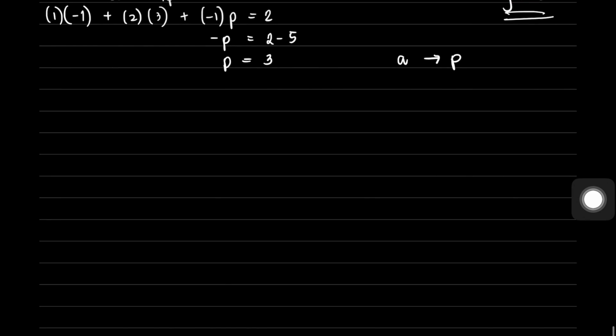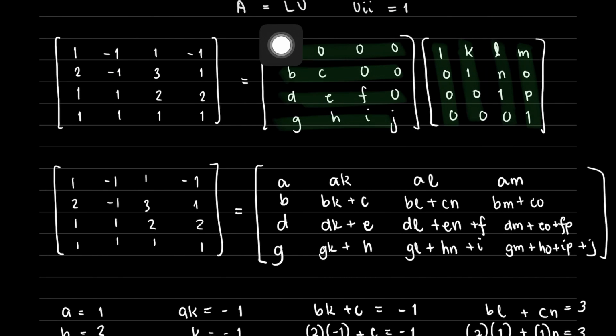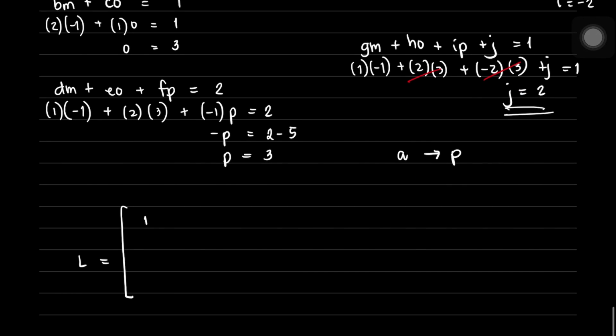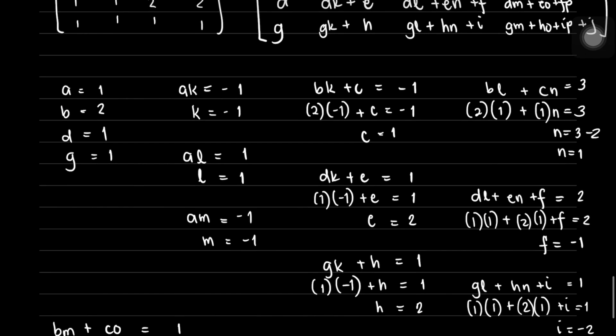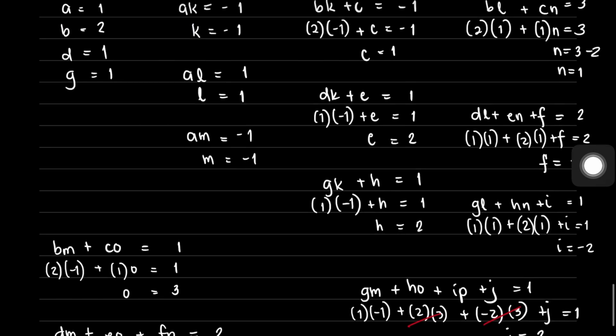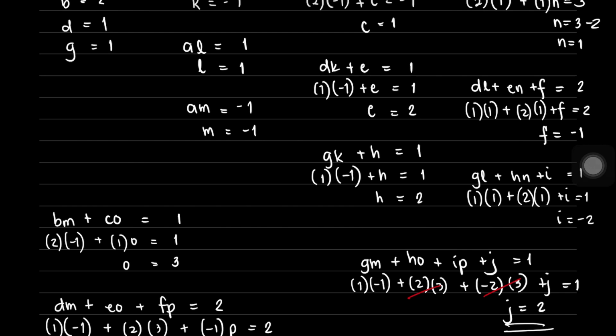So if we're going to write it here, L, or the lower triangular matrix, would be equal to A, B, C, D, E, F, G, H, I, J, and then the remaining entries would be equal to 0. So A is equal to 1. B is equal to 2. C is equal to 1. D is equal to 1. E is equal to 2.